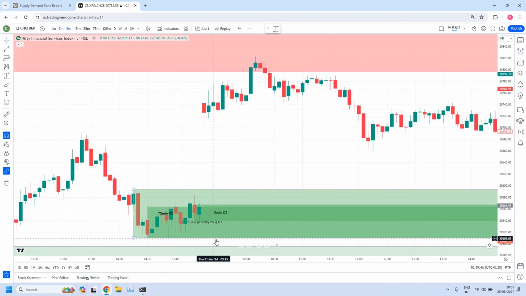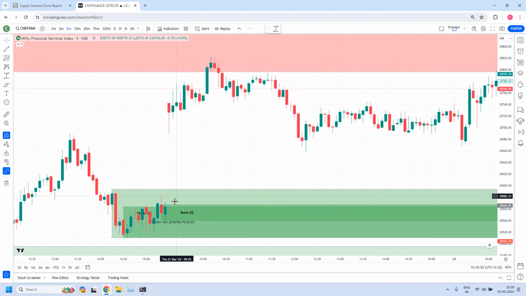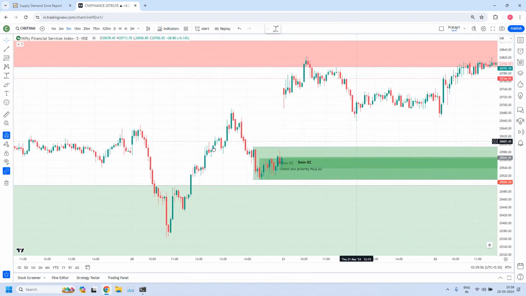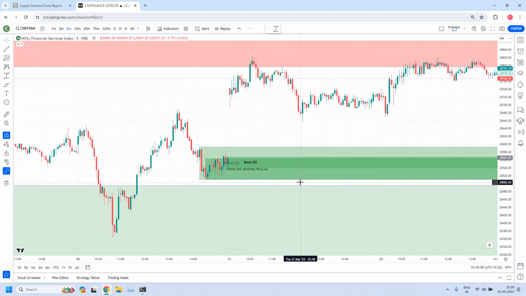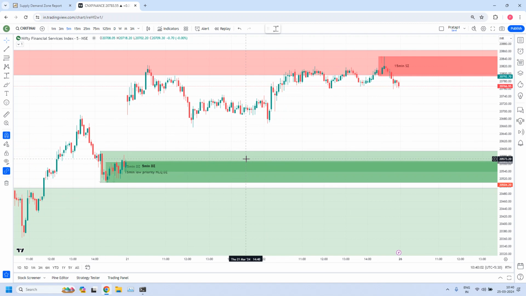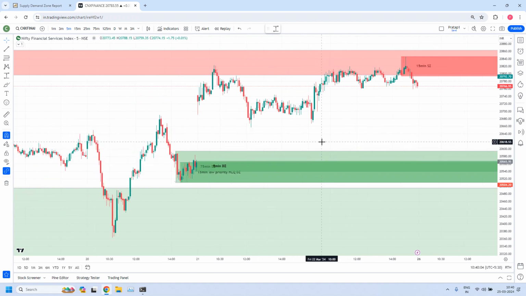But you may keep the stop for DIT trades so that you can target up to the next 15 minute supply zone. You should not apply our high liquidity strategy here. You have to follow the rules as per the income trades. So this is the trade setup for Nifty Financial Services, that is FINNIFTY.